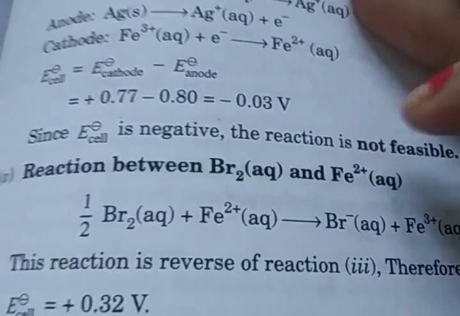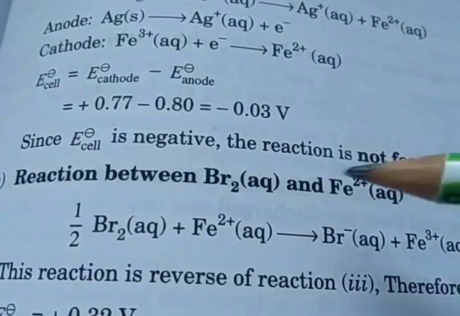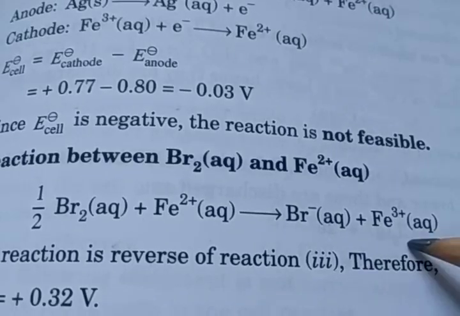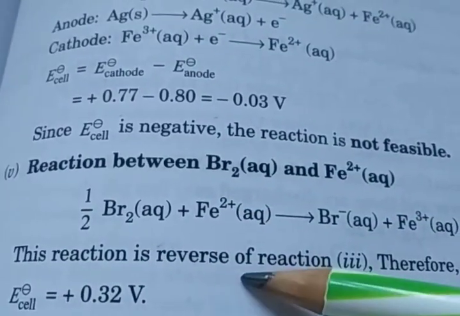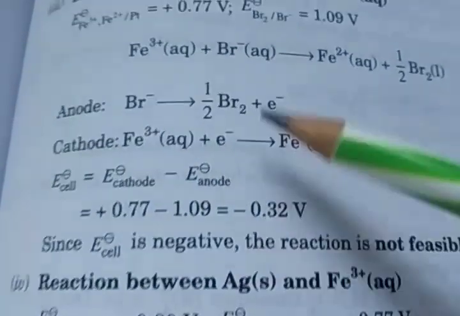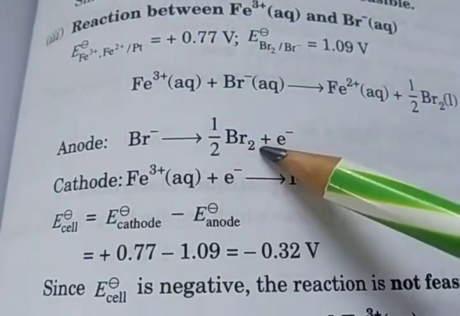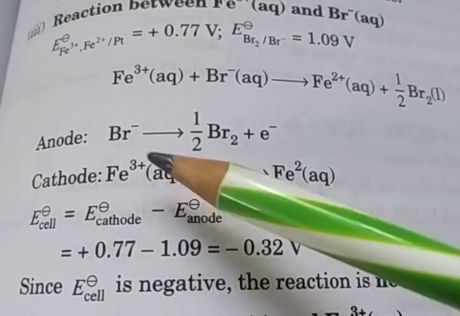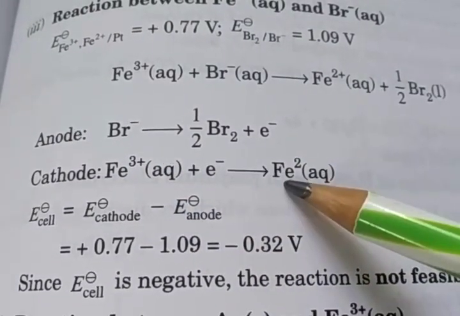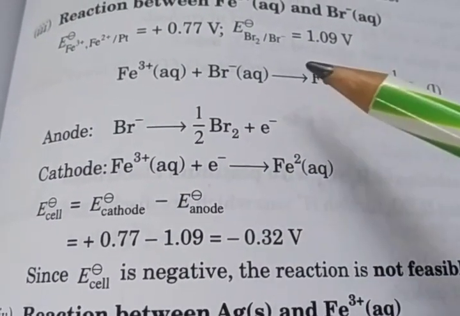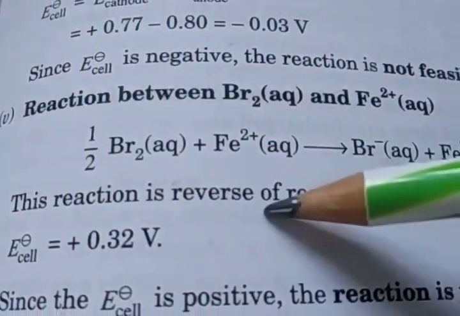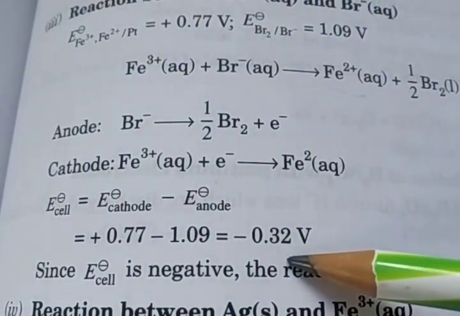Fifth reaction, between bromine and Fe2+. Half Br2 plus Fe2+ gives Br- and Fe3+. This reaction is the reverse of reaction C. Br- converts into half Br2 by loss of an electron, and at the cathode Fe3+ converts into Fe2+ by gaining an electron. So this equation, number 5, is the reverse. For the third reaction we obtained minus 0.32 volt.